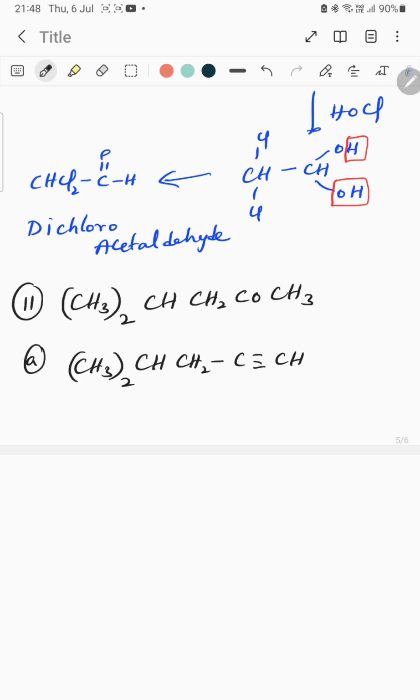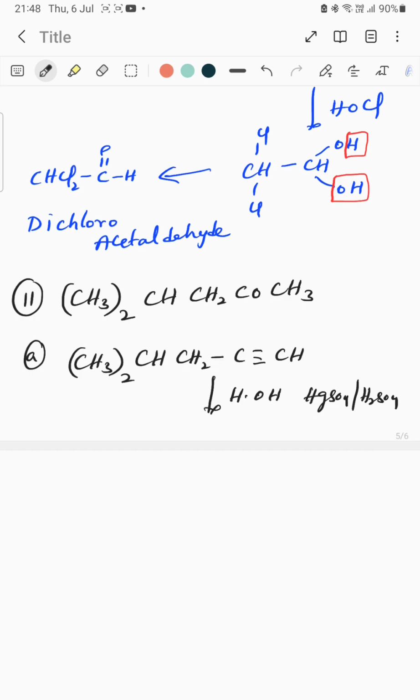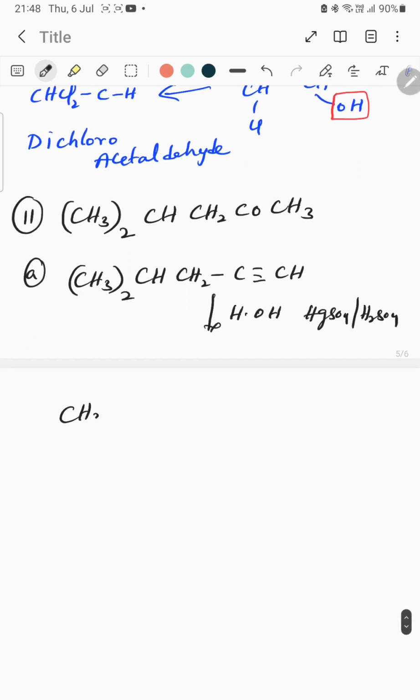Once check which reagent is present on the arrow mark. H2O along with HgSO4 and H2SO4. If this reagent appears, first we add the water molecule to the alkyne according to Markovnikov rule, followed by keto-enol tautomerism.